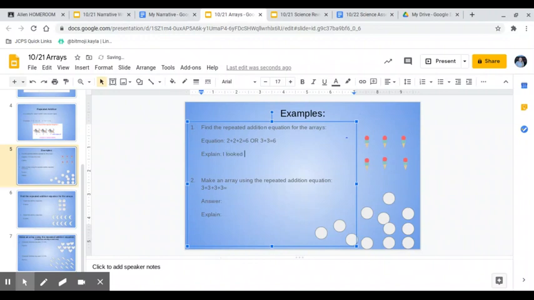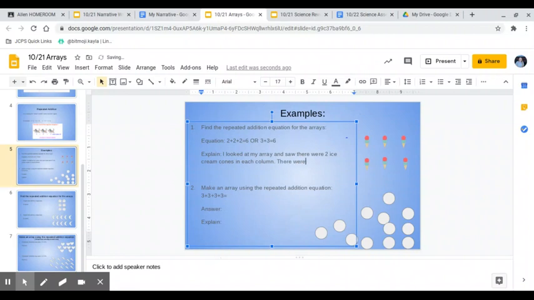I looked at my array and saw there were 2 ice cream cones in each column. I'm using a big word there. Remember, your columns go up and down.